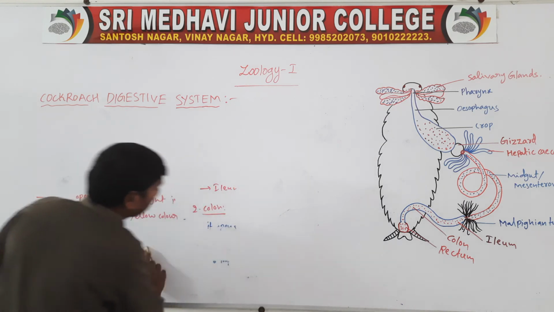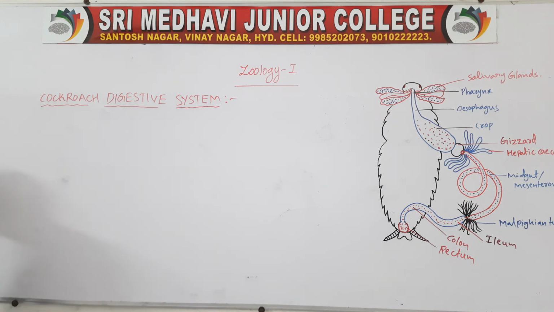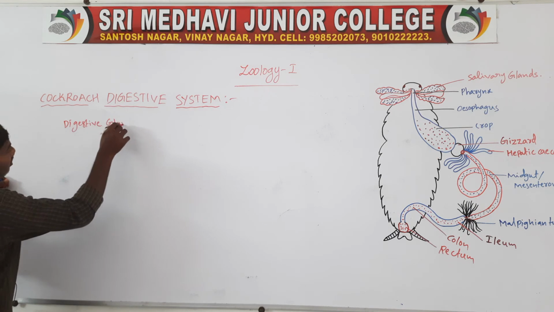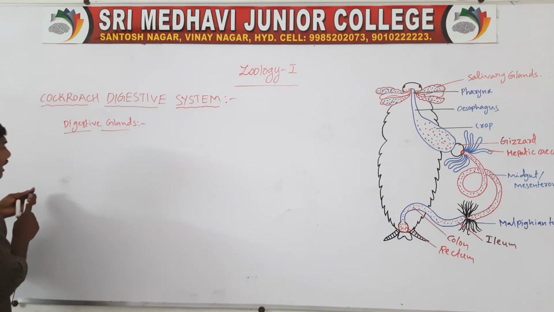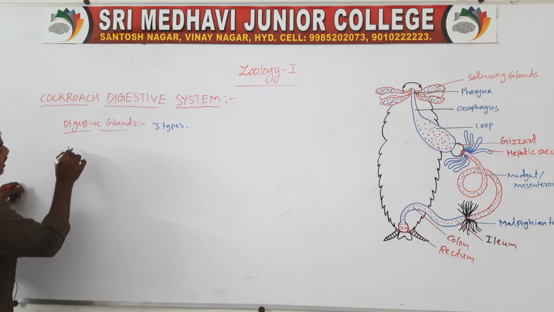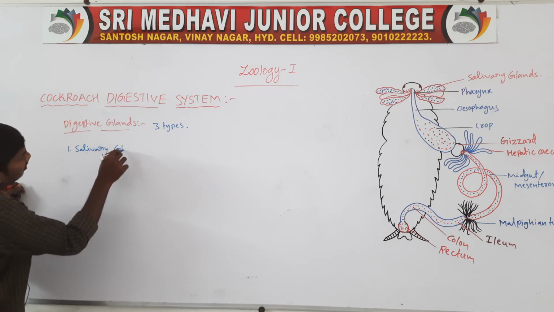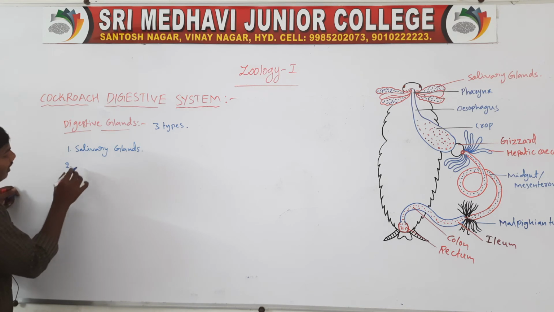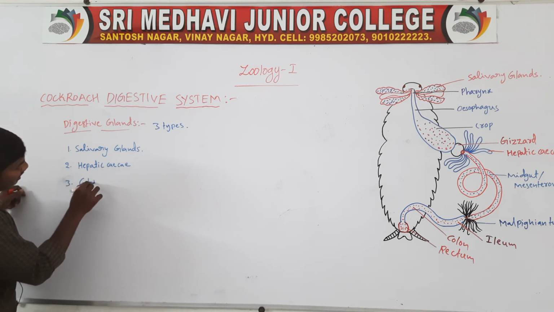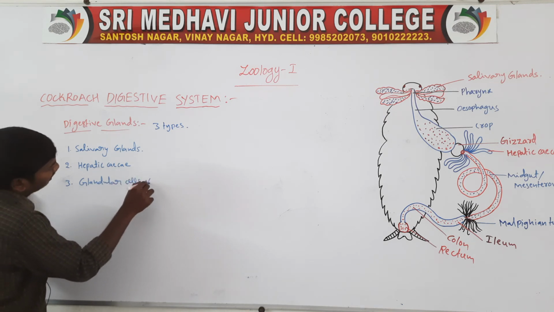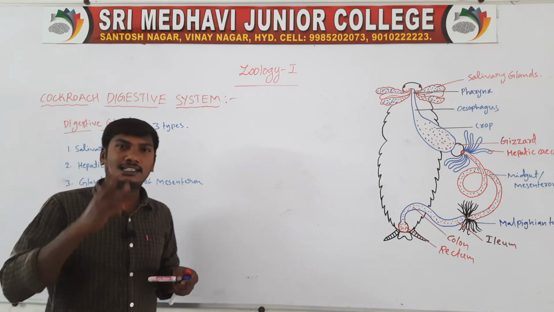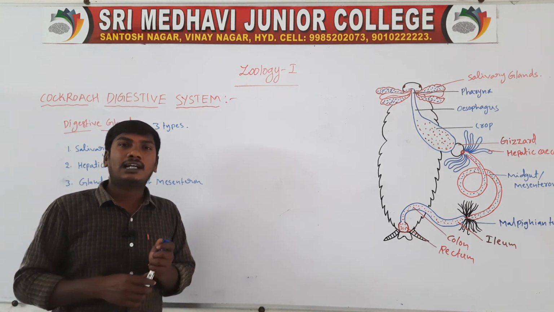The cockroach contains three types of digestive glands: first, salivary glands; second, hepatic caeca; third, glandular cells of the mesenteron.